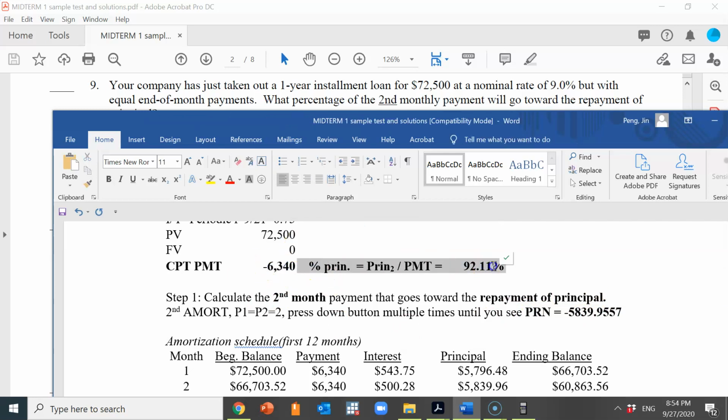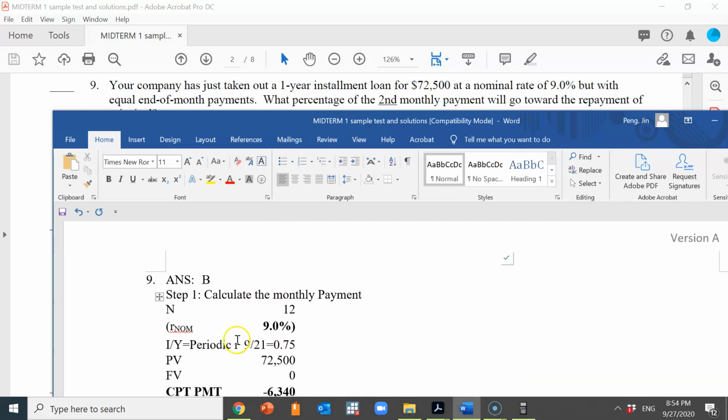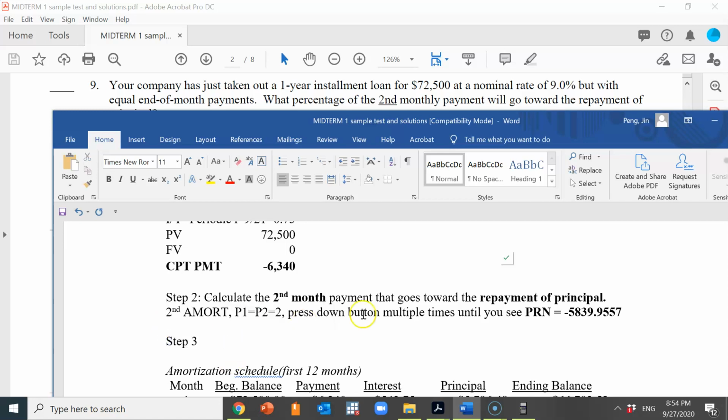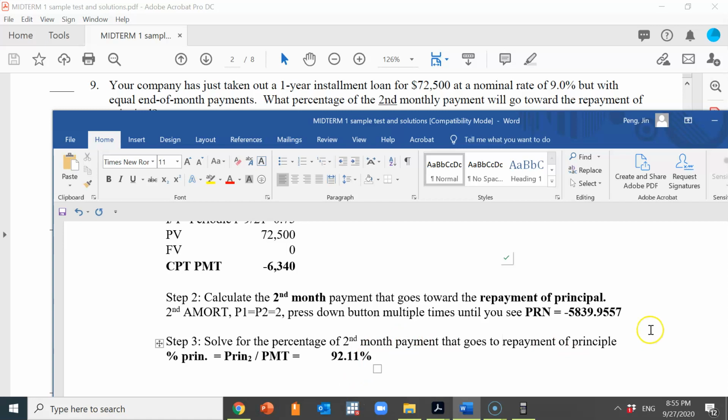Step 3 is to solve for the percentage of principal, what the question is asking for: the percentage of the second month payment that goes to repayment of principal.